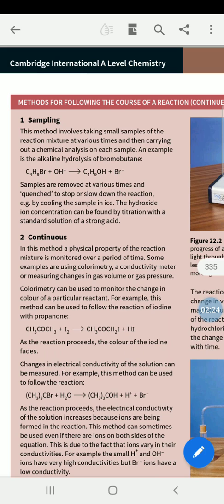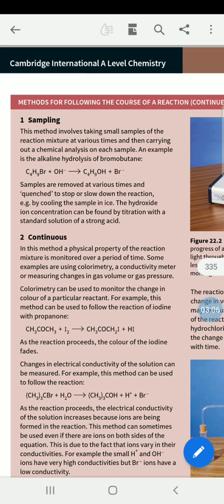For example, if the chemical reaction involves the reaction of an acid, we can titrate samples to find out how the concentration has changed.